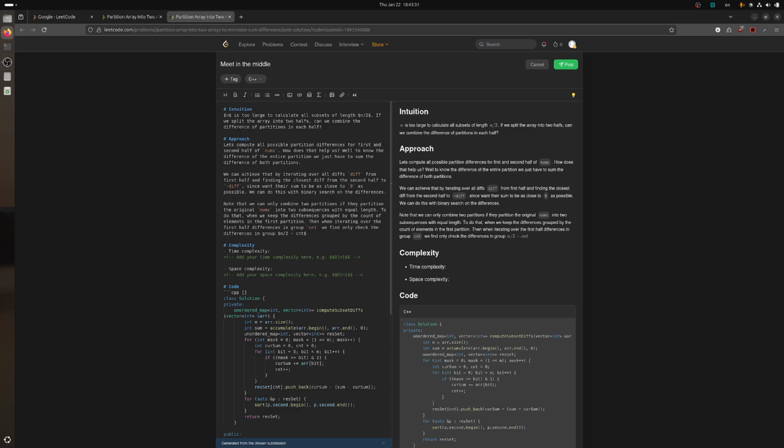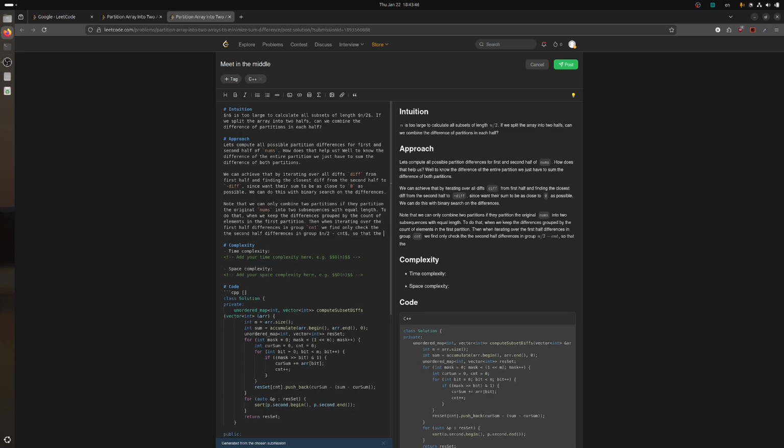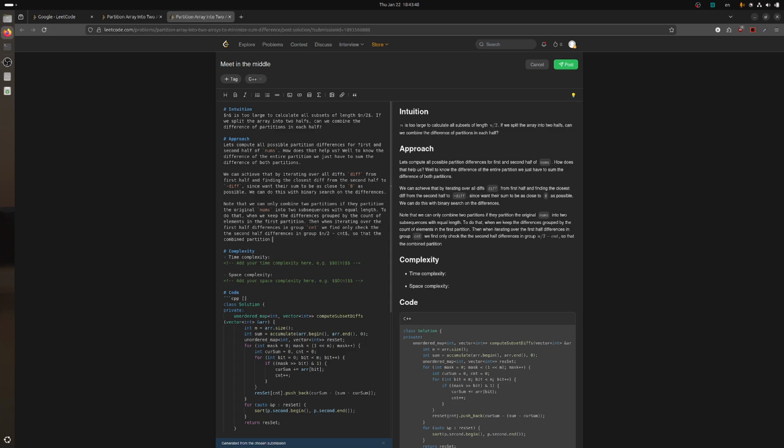Only check the second half differences in group, so that the combined partition has equal lengths.